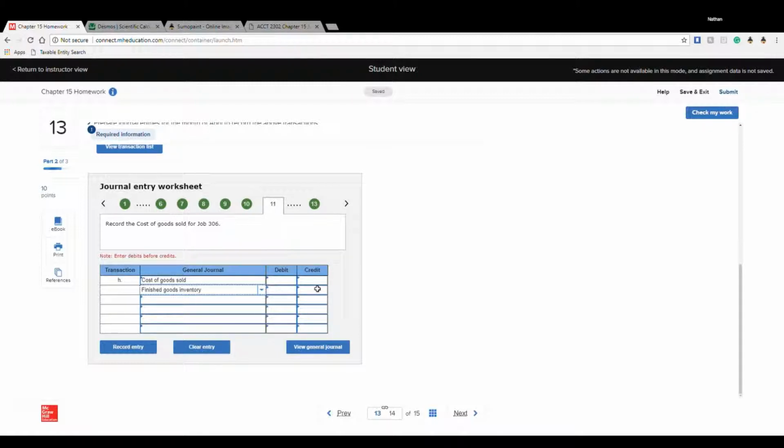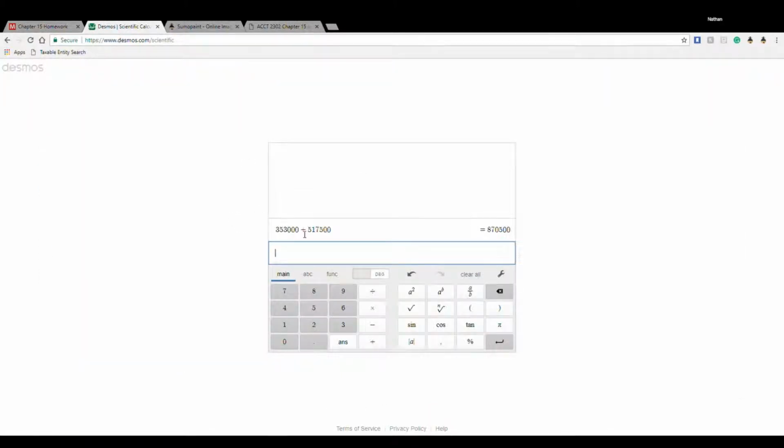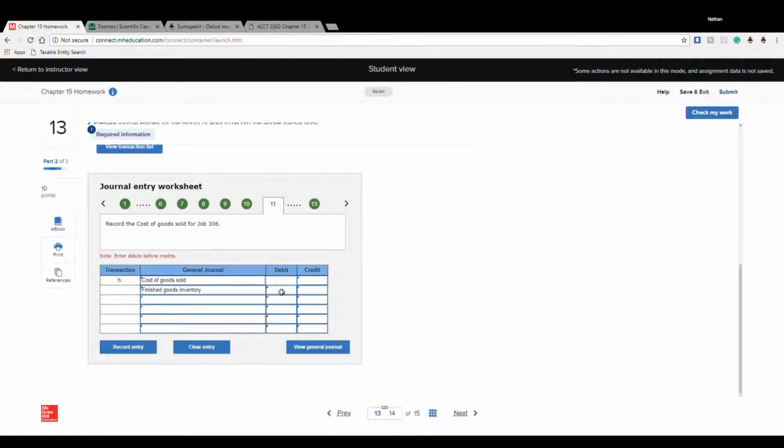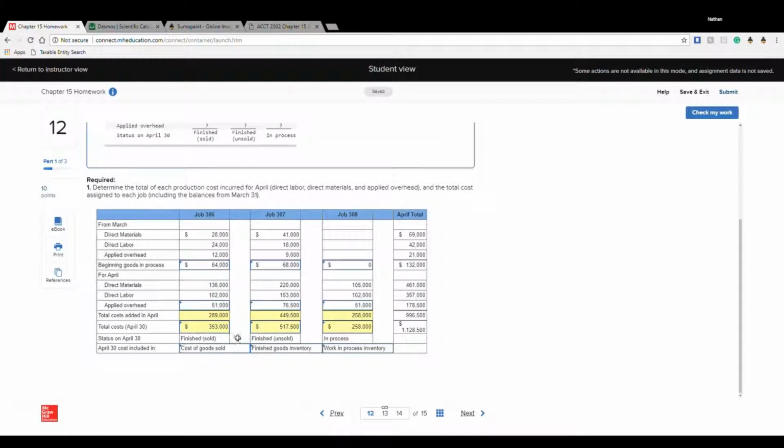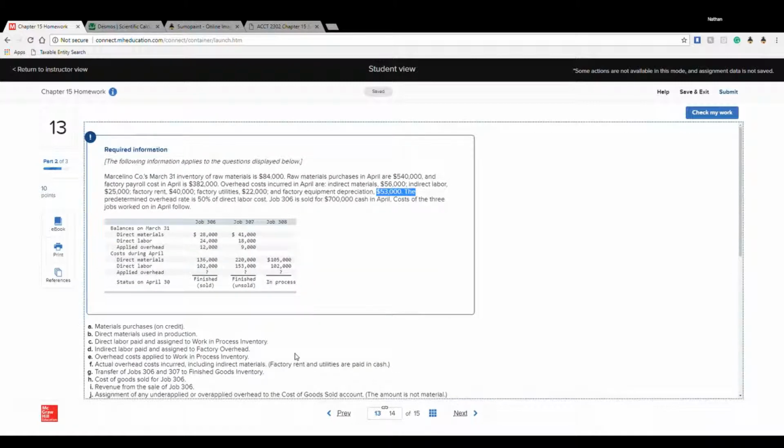It's gone, and it was the first number, 353,000. It's good when you still have the calculator showing. If you don't, go to question 12, and there it goes. The only one that sold, job 306. Our total cost was that 353,000.